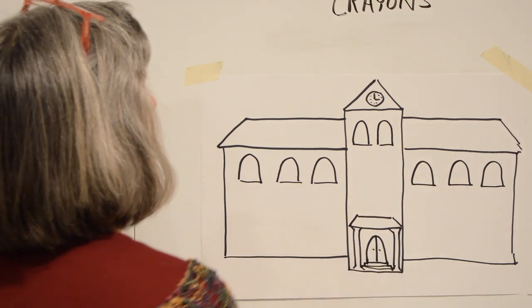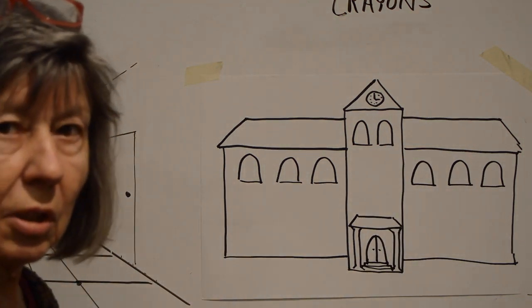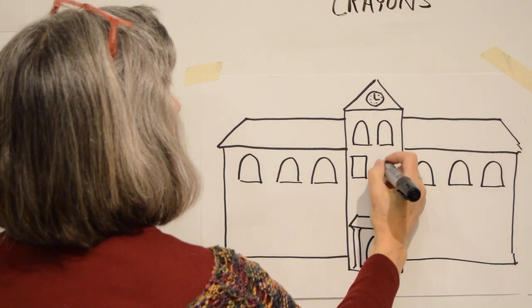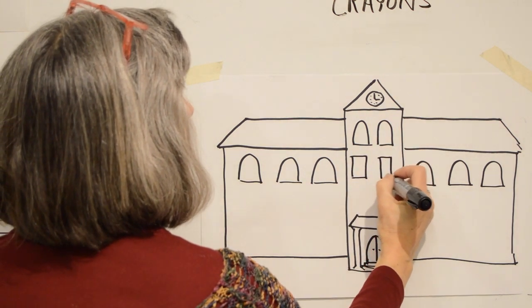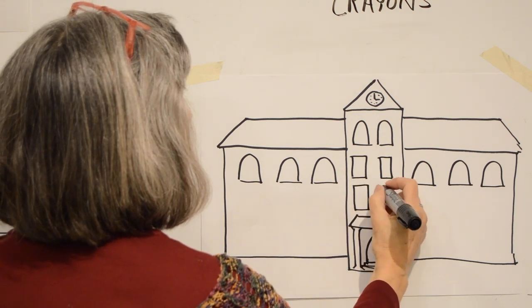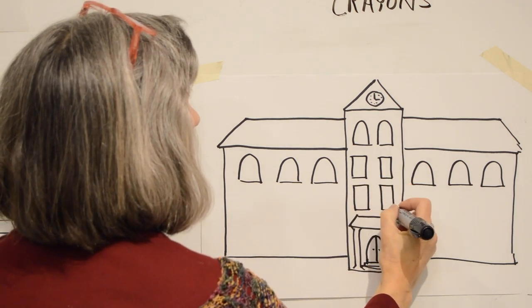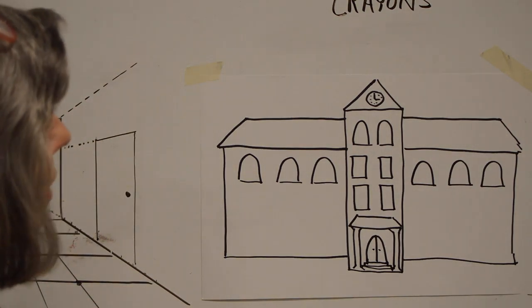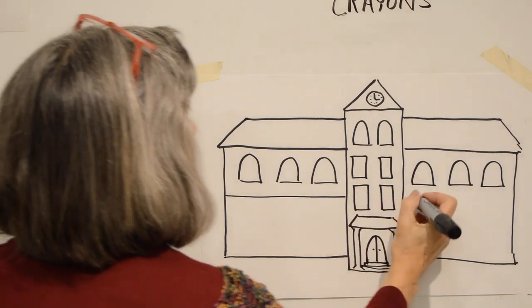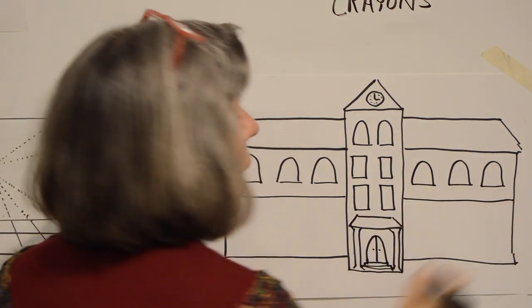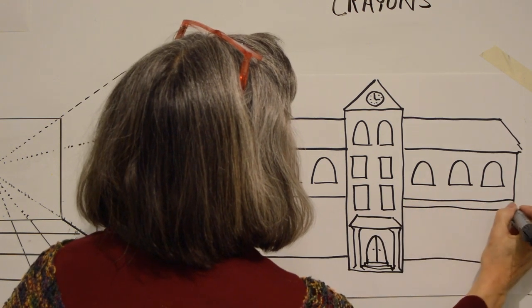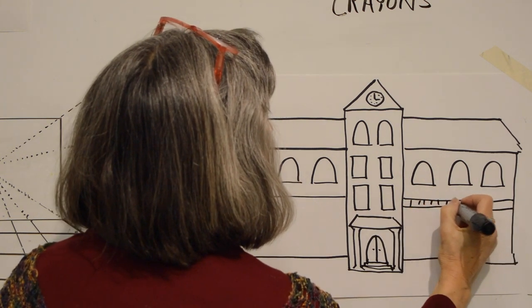And maybe all of my windows aren't going to be arched windows, so maybe I'll have some that are just normal rectangular windows. And let's see, maybe I'll have a little decoration between my first story and my second story. Maybe these are all bricks.